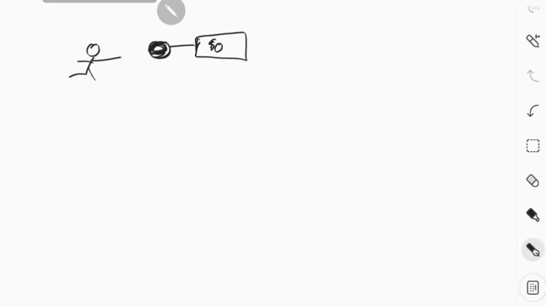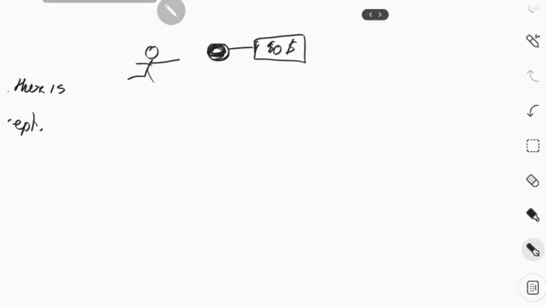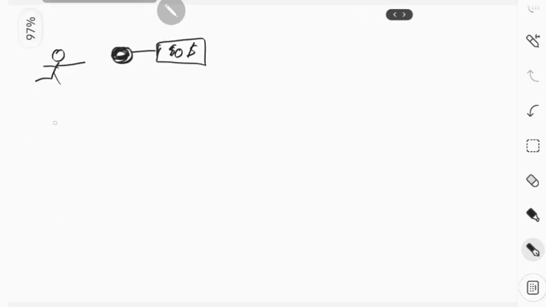Now let's say I go to the market, and there's a ball, right? The price tag says this ball is $40. Okay, this ball is $40. I take it to the counter.